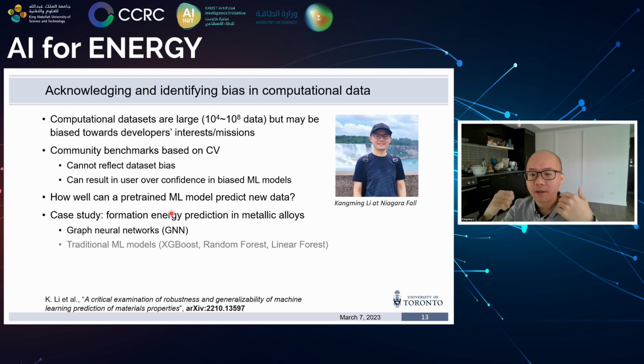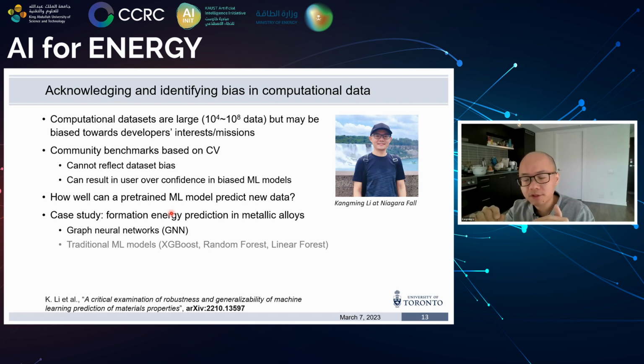So if we train a model using the data we already have today, one question is that will it be able to predict the property of future material? Or to put it in another way, if we take a model pre-trained on the dataset we had a few years ago, how well can that pre-trained model predict the new data in the current dataset?